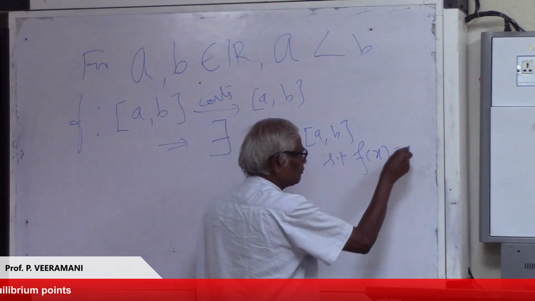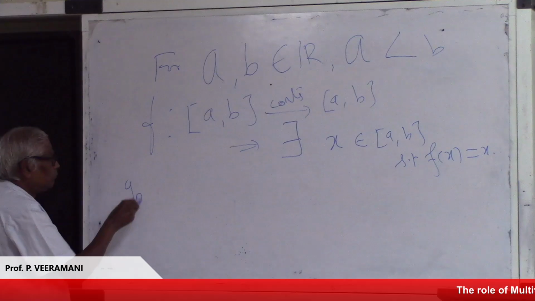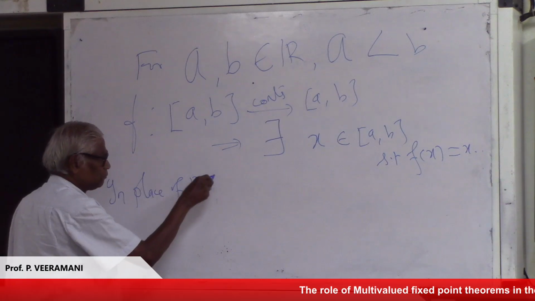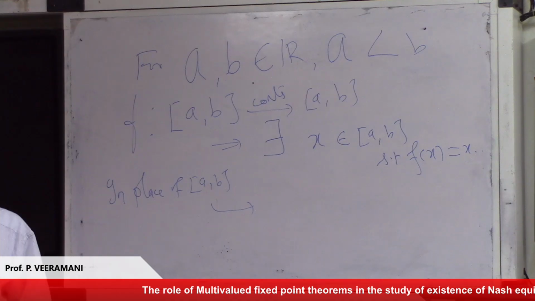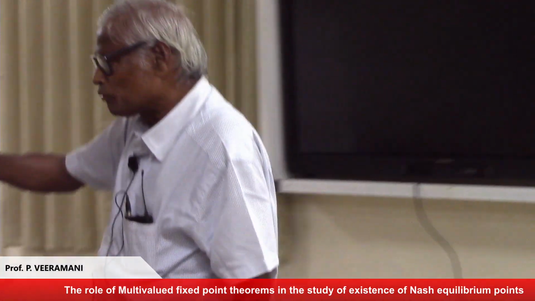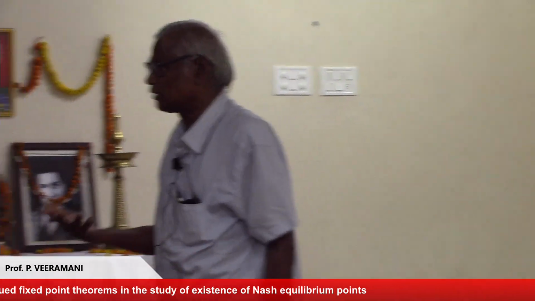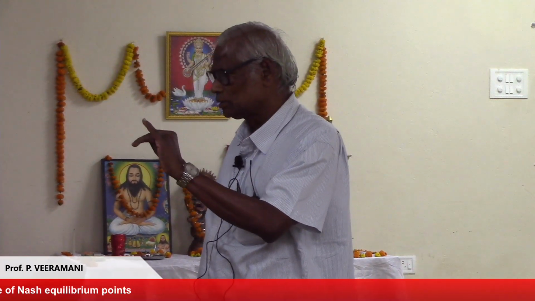This we have seen. Suppose now we are moving from the closed interval [a, b]. If you want to go from dimension 1 to R2, we will see what will happen in R2. The closed interval [a, b] is closed, bounded and connected.